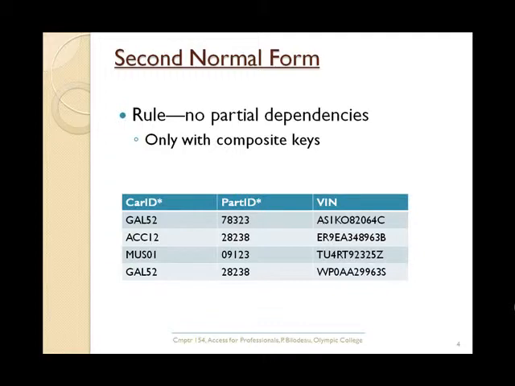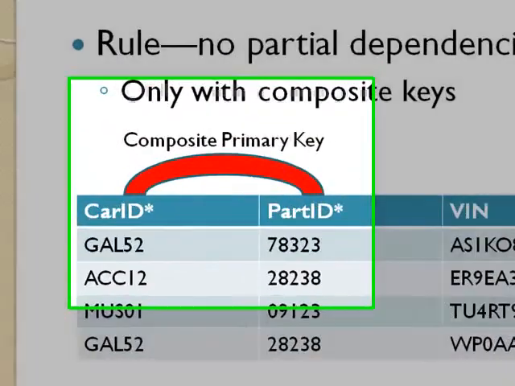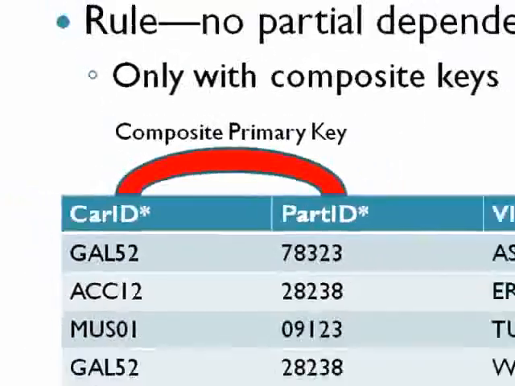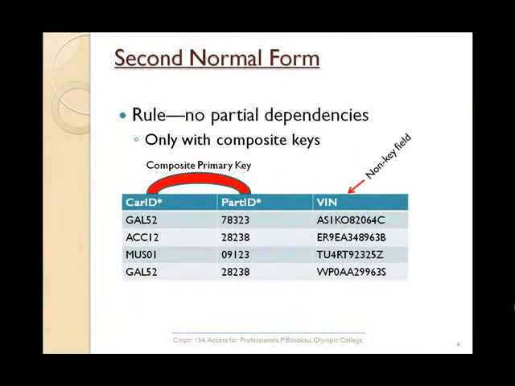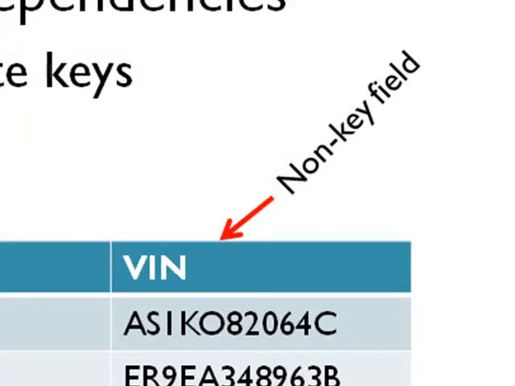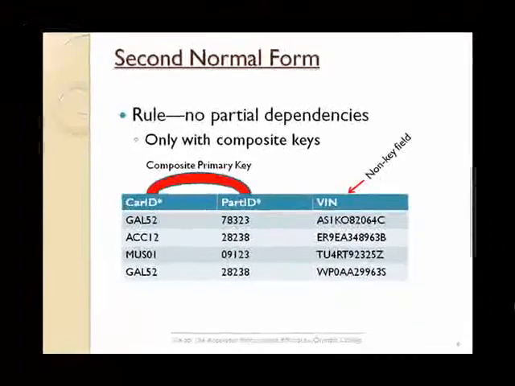In this example, we see a table that is tracking cars and parts used in those cars. Both the car ID and the part ID work together as the composite primary key in this table to help uniquely identify each record. The car's vehicle identification number, or VIN, is included as well as a non-key field that is being tracked in the table.